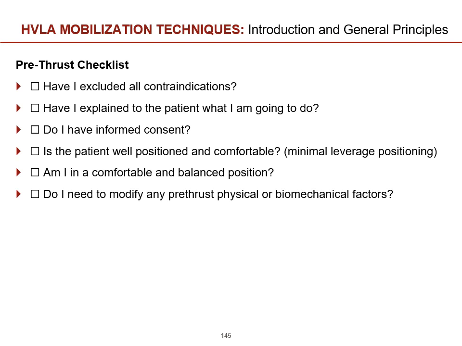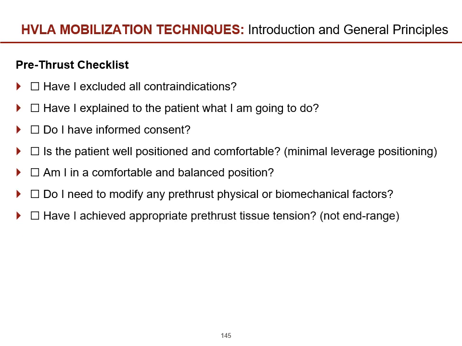Do I need to modify any pre-thrust physical or biomechanical factors? And we'll talk about what these are with the continuous improvement model of HVLA in coming sections. Have I achieved appropriate pre-thrust tissue tension, i.e. again, not at end range? Am I relaxed and confident to proceed?